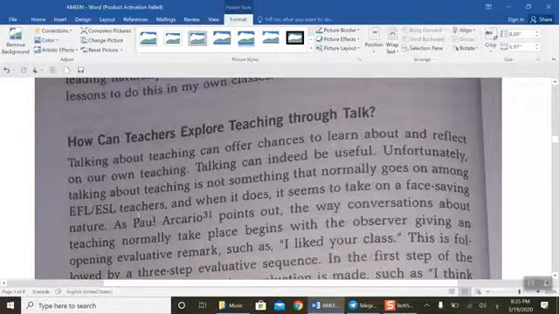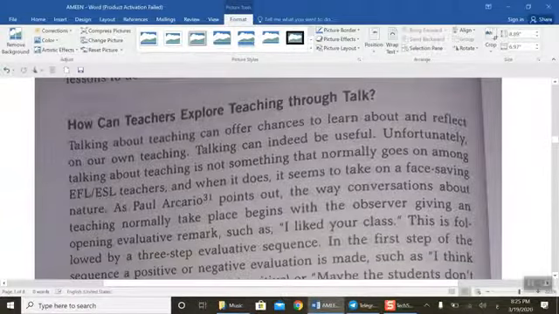So usually teachers in general, not in one specific place or even in Iraq, but in all the cities, do not talk about teaching. Of course, there are some teachers who talk about teaching, but generally they don't talk with each other about methods of teaching and the ways of teaching, and this is not good. They have to talk with each other.